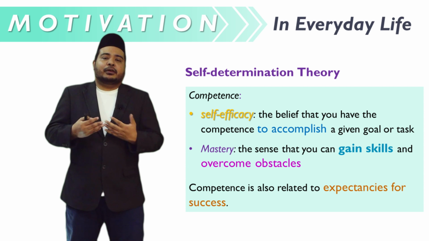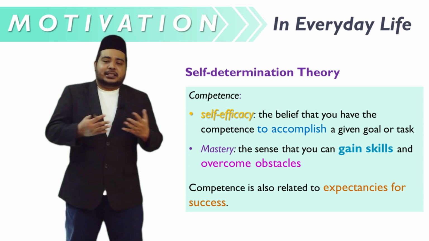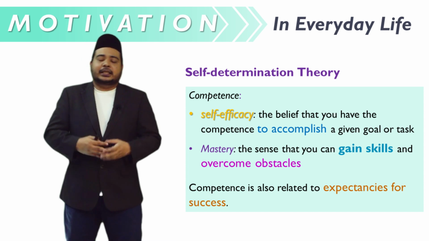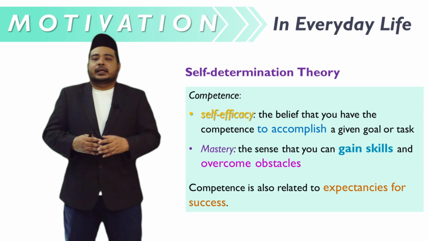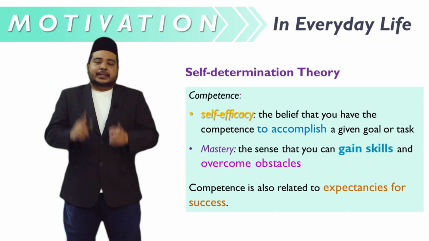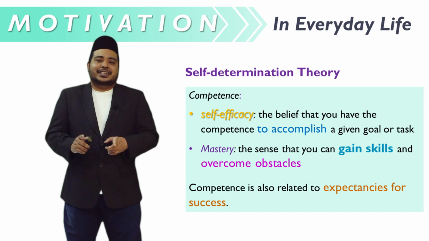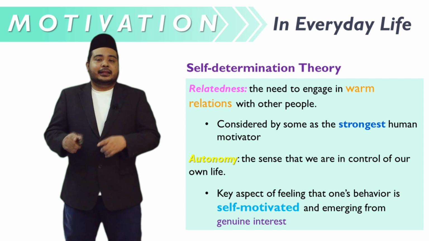People who have competence needs are expected to be successful in their tasks, in their everyday life, in their work, in their academics, in their career. That is the first basic need of human beings, which is competence. The second basic need is relatedness.